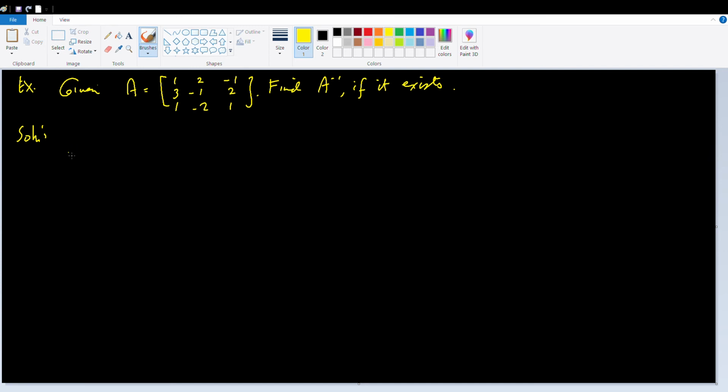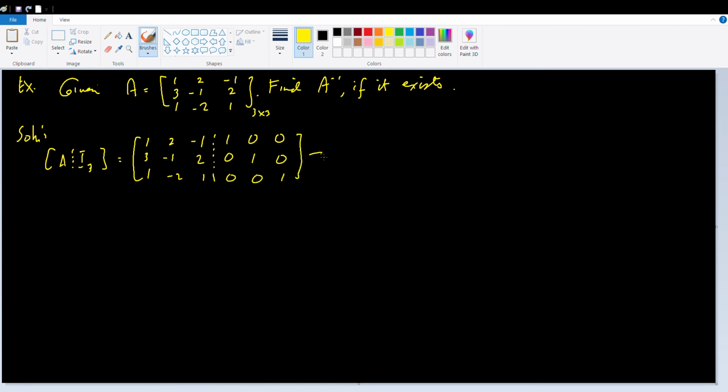So the first step is to form the augmented matrix A I n. Since A is a 3 by 3 matrix, then I is of order 3. Right? So that becomes 1, 2, negative 1, 3, negative 1, 2, 1, negative 2, 1. And then we augment this by the identity matrix 1, 0, 0, 0, 1, 0, 0, 0, 1.